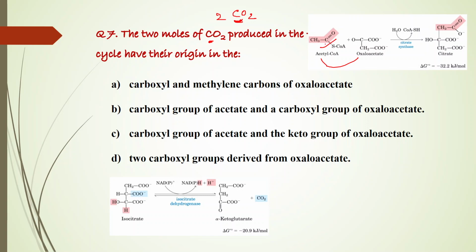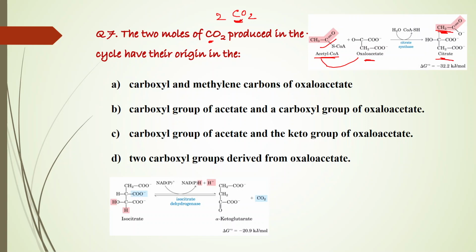It transfers the acetyl group to this oxaloacetate, and you have the formation of citrate. This is marked in pink. So these pink colored carbons are coming from acetyl-CoA. They are not the inherent carbon atoms of oxaloacetate. Fine. So these pink ones are coming from acetyl-CoA.